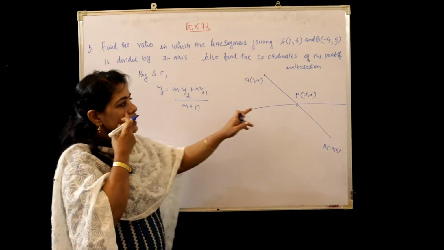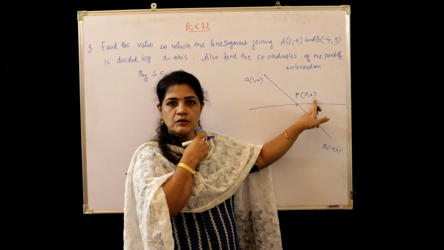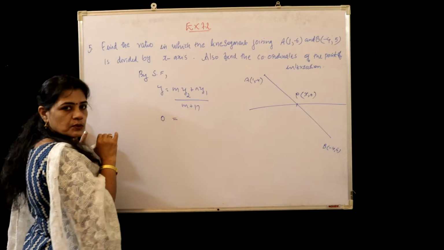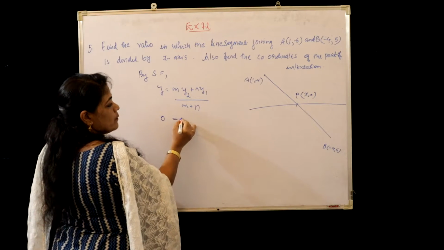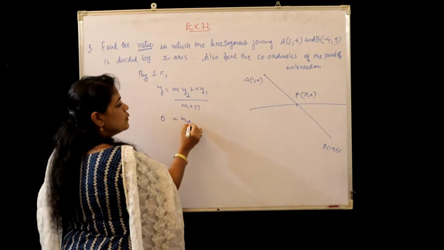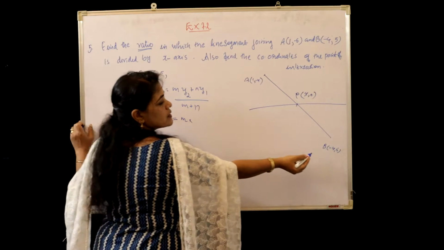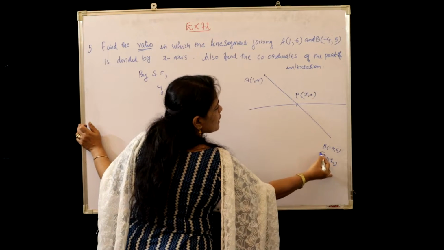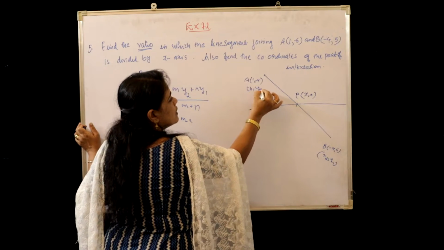Here we know the y value, you can substitute that as 0. That is 0 equal to, m we need, the ratio first, so m is unknown, into y2, means this one. This is x1 y1.